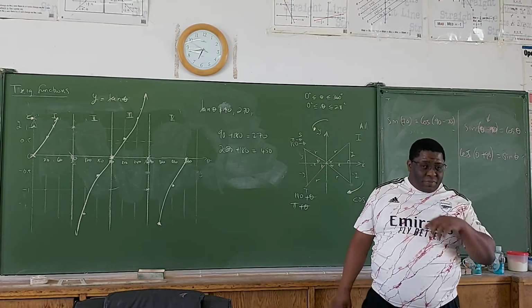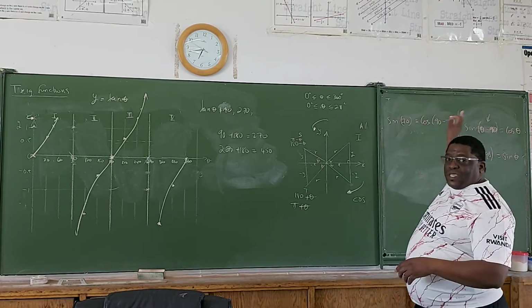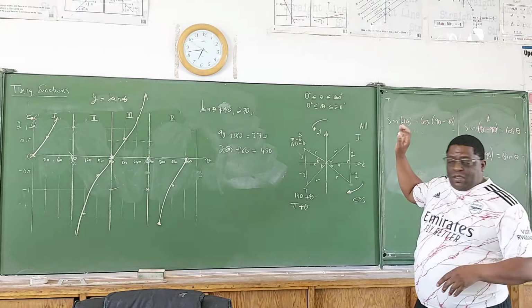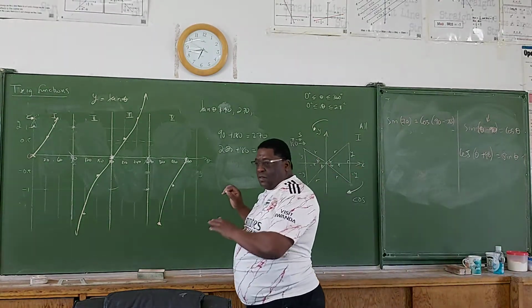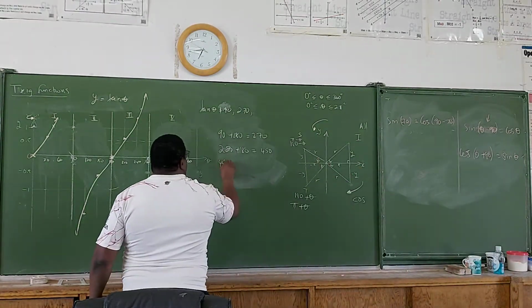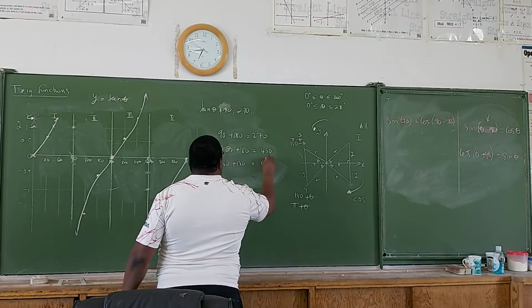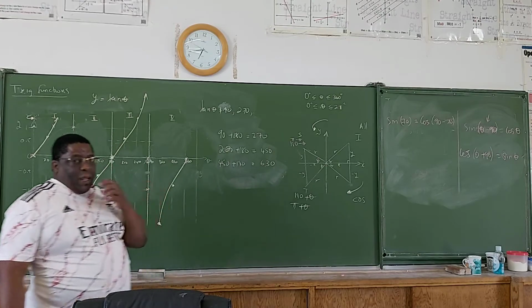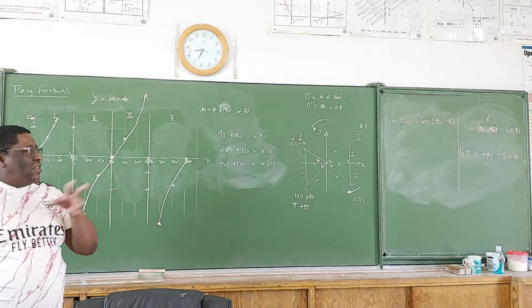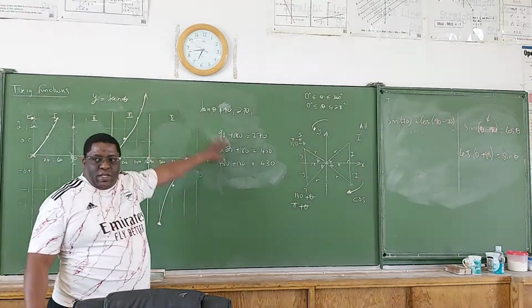So that's the next. But it's now in the positive direction. Okay? 630. So it's nice to know the 90. But what is the common thing here between these?